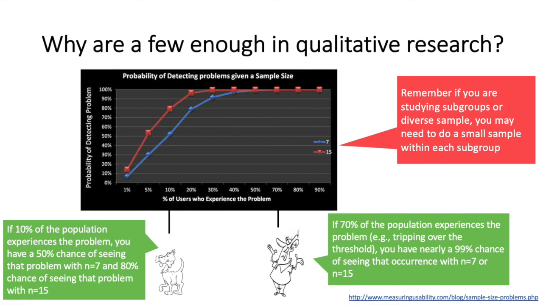If in the real world 70% of the population experiences the problem, for example, tripping over the threshold, you have nearly a 99% chance of seeing that occurrence with a sample size of 7 or 15. And just like in quantitative research, if you're studying subgroups or a diverse population, you may need to do a small sample within each subgroup.